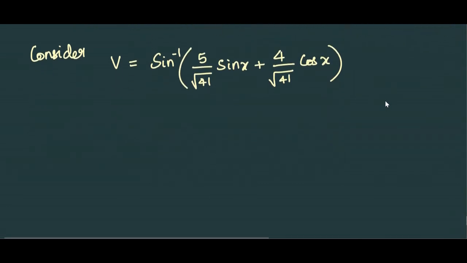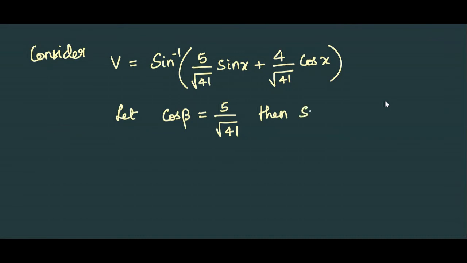So let, see, sin a cos b plus cos a sin b. So let cos beta be 5 by root 41. Then sin beta will be 4 by root 41, because when you square and add 25 plus 16, you get 41.